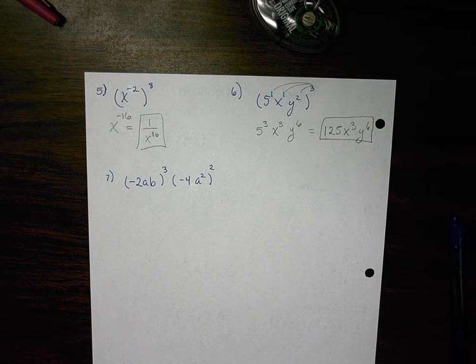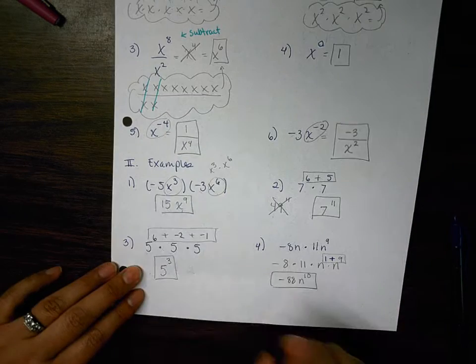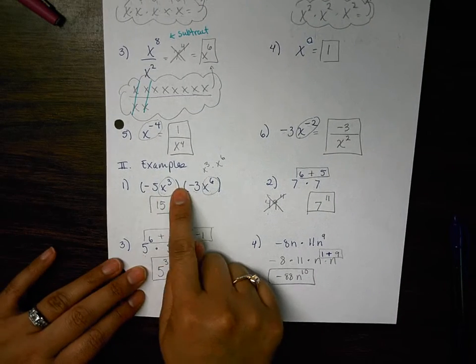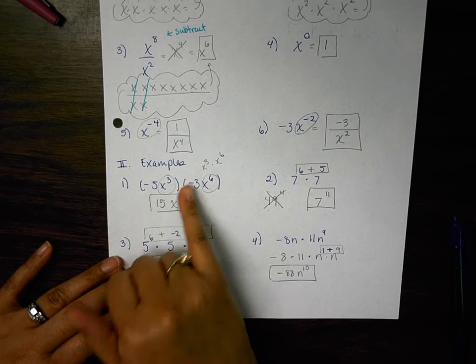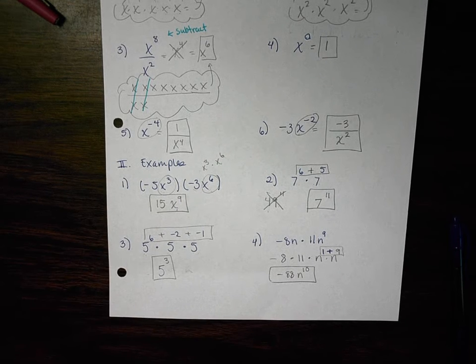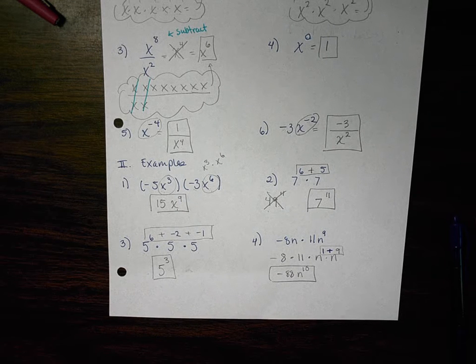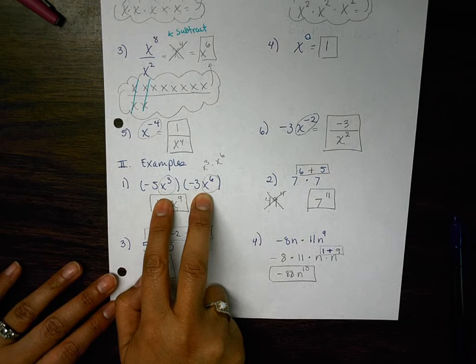Can you guys take a look at, leave your number 7 out, and I'm going to flip my paper over to number 1. The number 7 you have on your paper looks a lot like number 1. There's 2 parentheses, there's 1 term in each, there's even the negative coefficients. Can anybody tell me how it's different? There's something that number 7 has on both parentheses that number 1 does not. What is it?